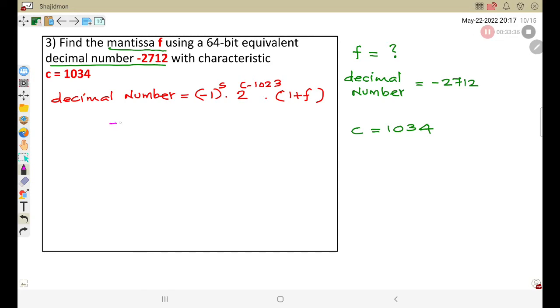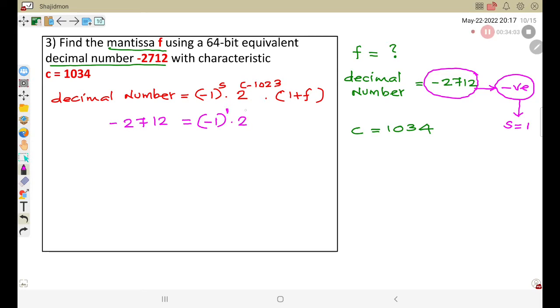Decimal number is given, minus 2712, equals (minus 1) power what will be s here? S means the sign bit, sign indicator, correct? Here the number is negative, so the s value should be 1. So we write (minus 1) power 1 multiplied by 2 power (1034 minus 1023) multiplied by (1 plus f), where the f value we don't know and need to find.